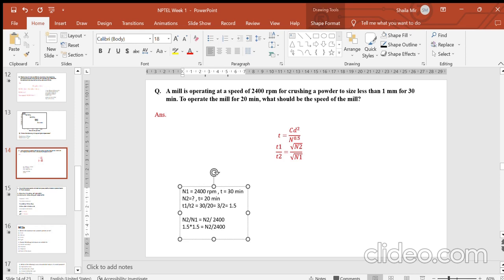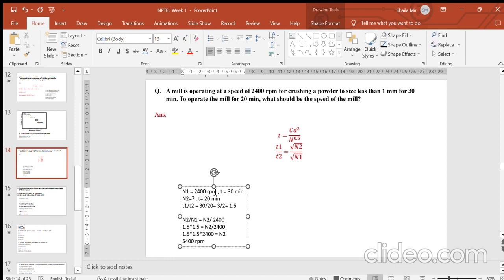So it will be 1.5 into 1.5, equal to N2 by 2400. So N2 equals 1.5 into 1.5 into 2400. That will be the speed of the mill. What will be the speed of the mill? Can anybody calculate? I think it will be 5400 RPM.